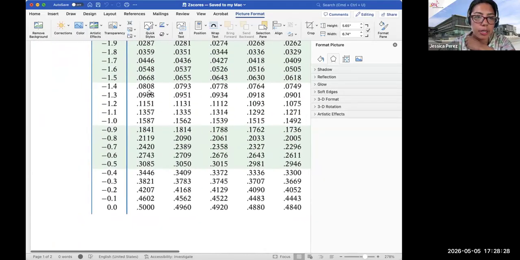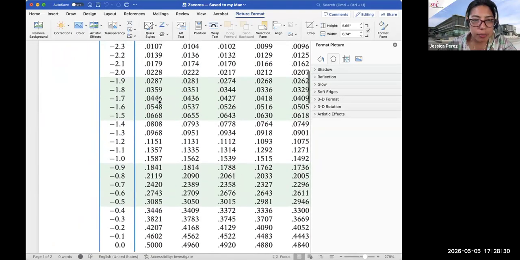So up here, negative 1.7, it's 0.0446. You can also use your calculator to find z-scores. So it's 0.9946 minus 0.0446, and that's 0.95, or 95% of the data of the area.